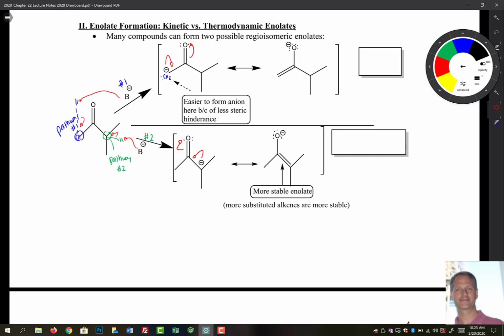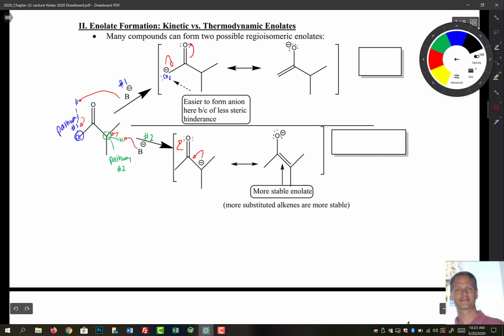Now, when we look at these two outcomes, we can see that this position is easier to access. It's more accessible to our base. So we have more of a chance of deprotonating here simply because of sterics, and it results in this being deprotonated faster.